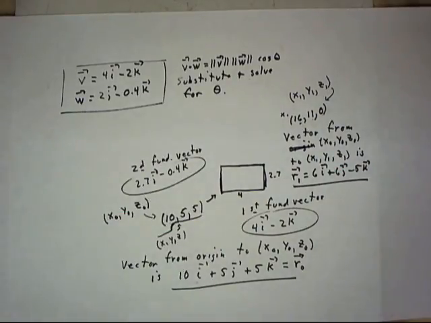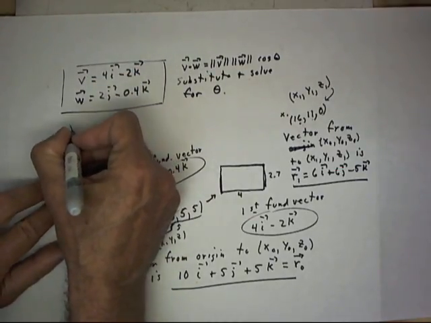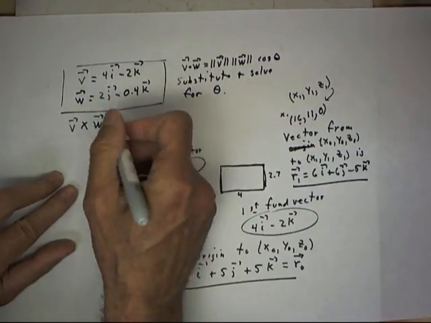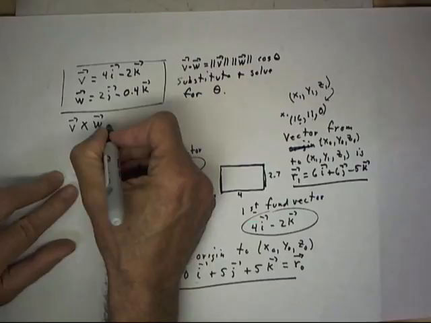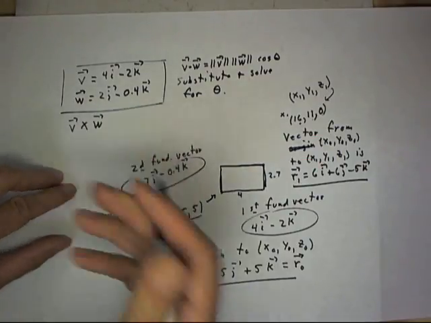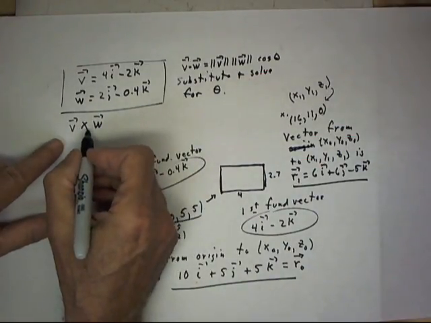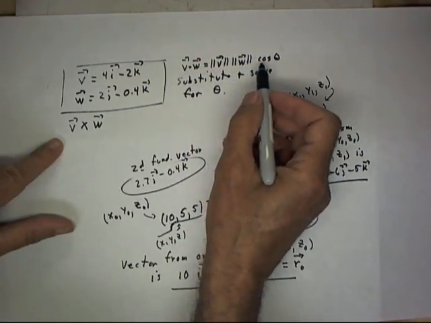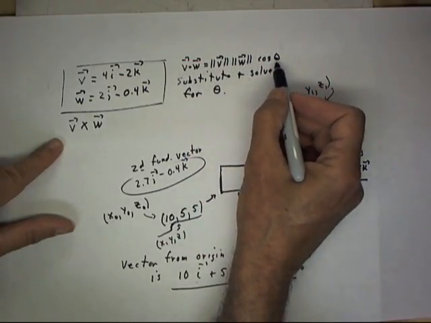Now, I'm not going to go through the details of that right now, but we'll do that shortly. The other thing that we know, if we understand the basic vector operations, is that if we do the cross product, V cross W, this thing has two properties. One, the magnitude of V cross W is much like we see here, magnitude of V, magnitude of W times the sine of theta.